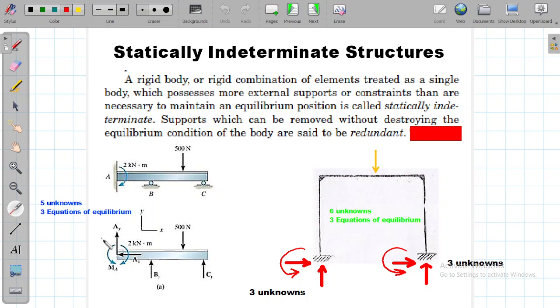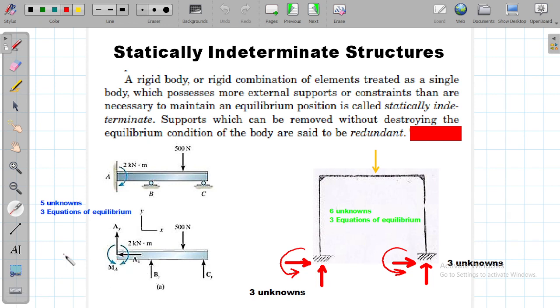This fixed support, as you already know, will always give you three reactions: Ax, Ay, and this moment Ma. The 2 kilonewton moment is an external moment, not a reaction, just like an external force, but Ax, Ay and Ma are the three unknown reactions.